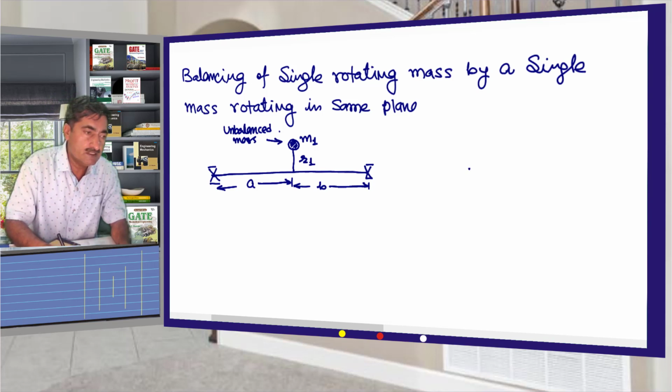Suppose this is the center, rotating speed omega. Suppose the location of this is M1 and this is R1. The path of mass M1.